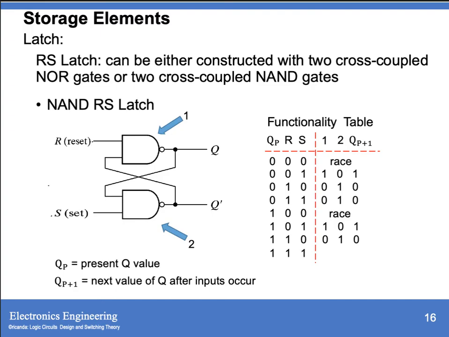And for 1, 1, your S is 1, and your R is also 1, so both inputs of gate 1 and gate 2 are 1, then the outputs of these two NAND gates must generate an output of either 0 or 1.